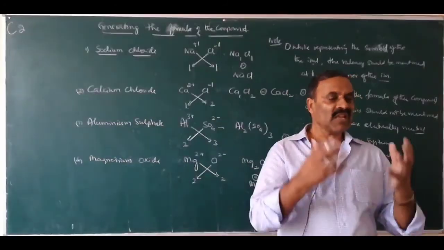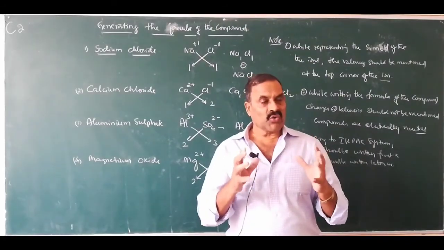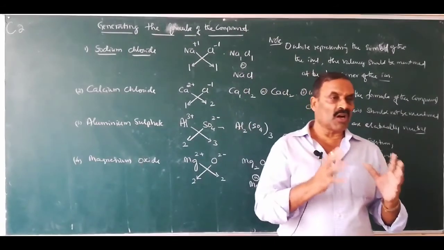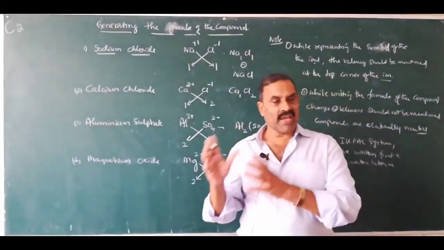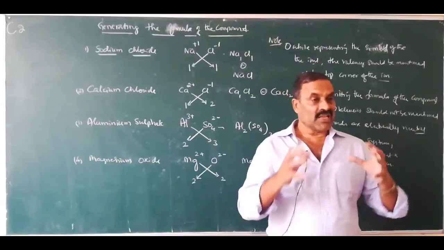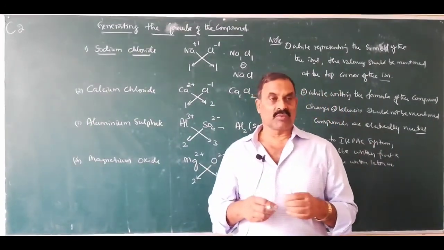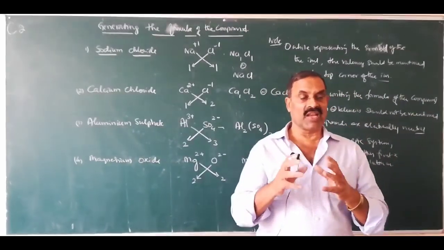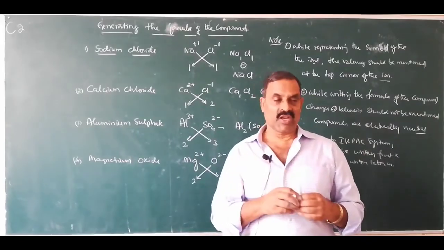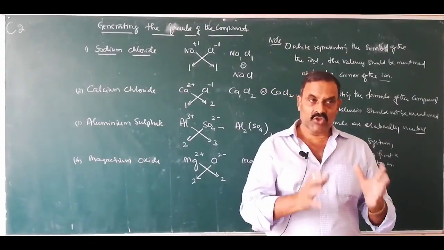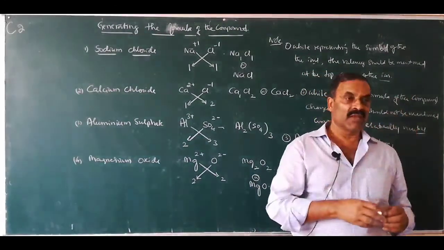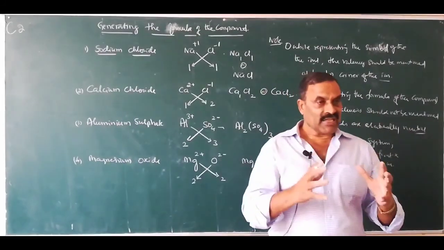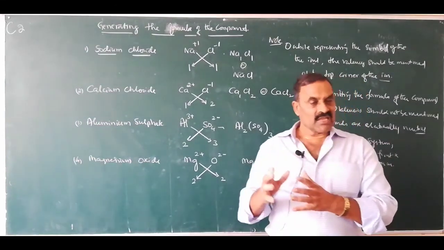And then coming to how to write the chemical formula of compounds. If you know the formula of cations and the formula of anions, then you can easily write the formula of the compounds. Remember, don't forget the valency of the cations and the valency of the anions, which are most important. While writing cations, you have to mention the valency of cations. While writing anions, you have to mention the valency of anions. Cations carry positive charges, anions carry negative charges.